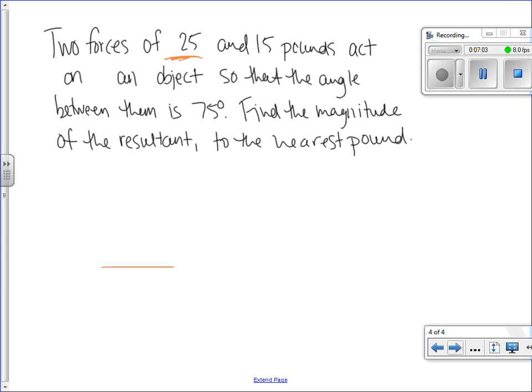So I've got a force of 25 going this way, and I've got a force of 15 pulling it, so it's 75 degrees between. Now, I'm not going to exactly go 75, but that's going to be somewhere up here. And I should make this vector shorter because 15 is less than 25. And I know that this angle in between here is 75 degrees.